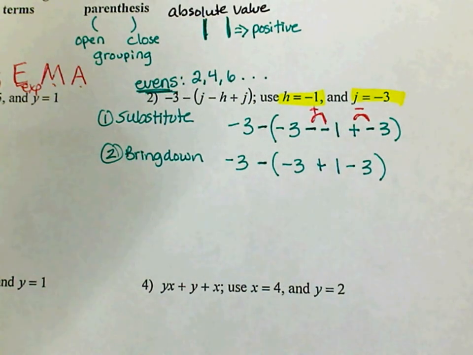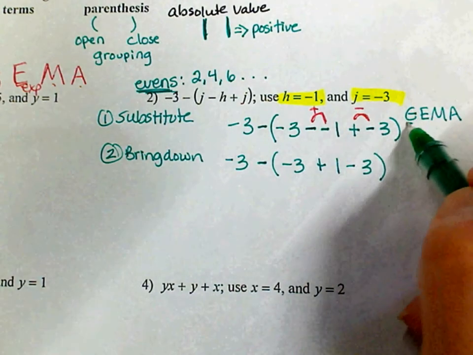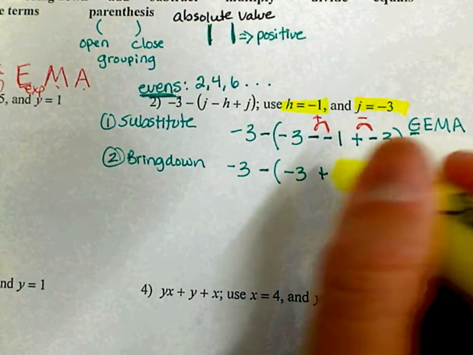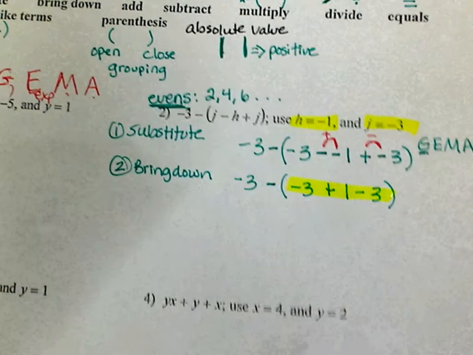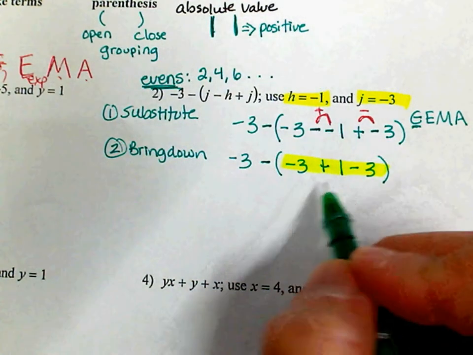All right, you guys remember GEMA? So we do the grouping first, right? You see the groupings right there? Here's your grouping. Is there any multiplication you need to do inside the grouping? You see any multiplication? No. So all you're going to do is what? Add and subtract.